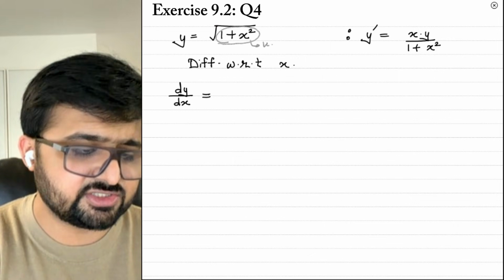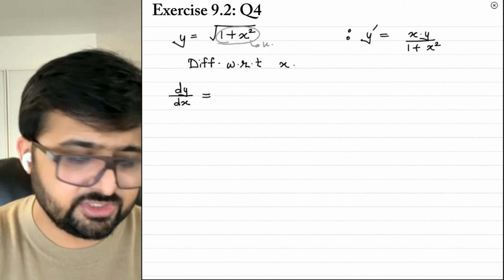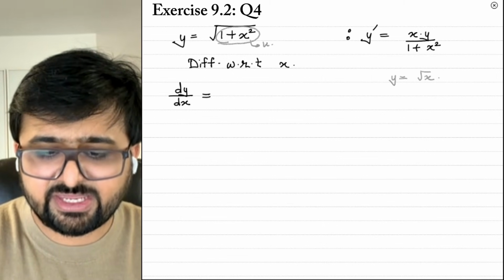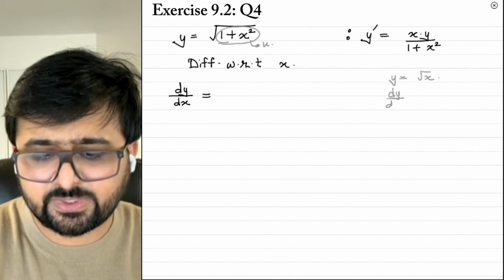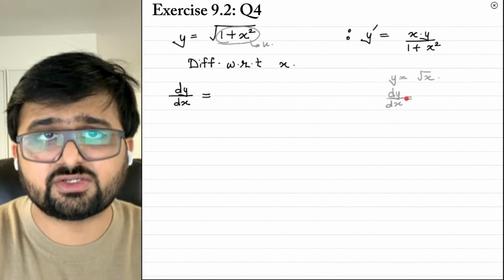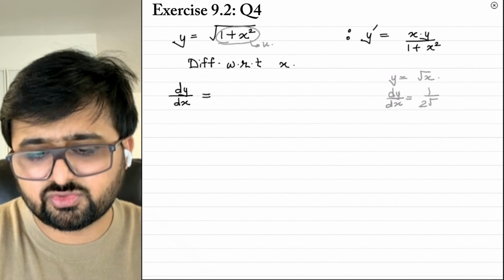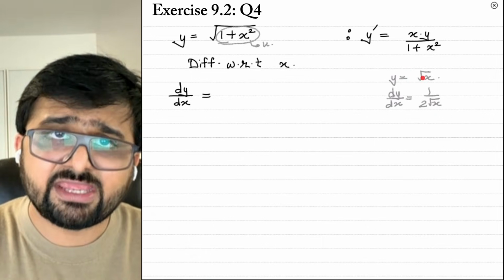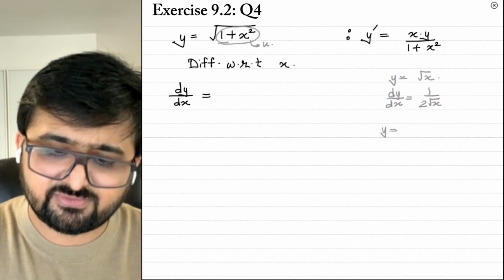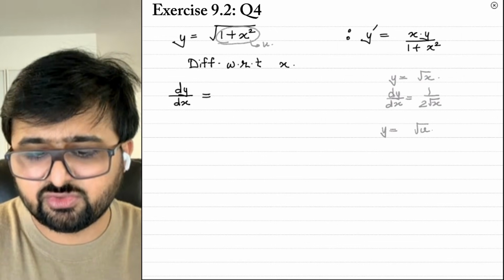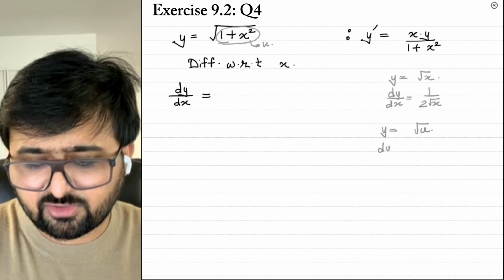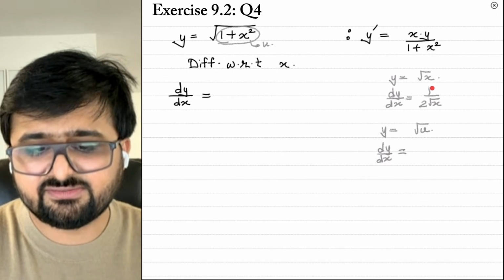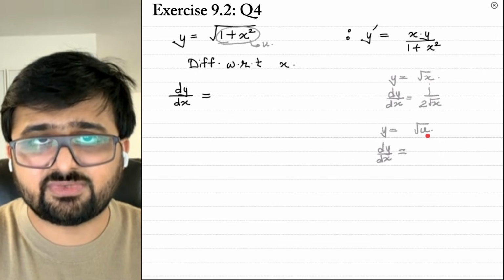We know that in derivatives, if y is equal to square root of x, the derivative of square root of x with respect to x is 1 upon 2 root x. We know this already. Now, if instead of x, it was, let's say, u, the chain rule in derivative says you can apply the same formula.